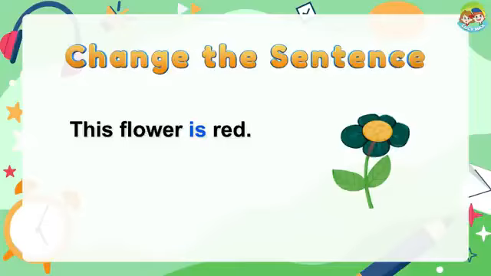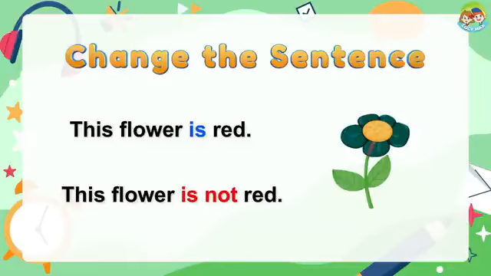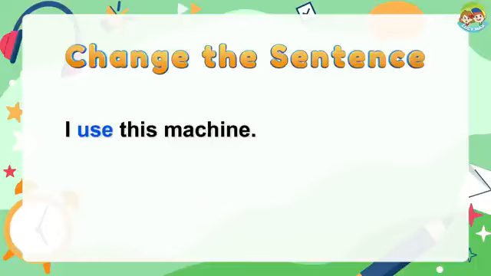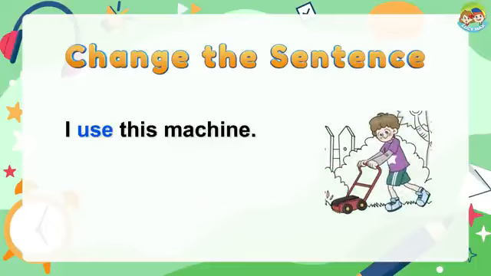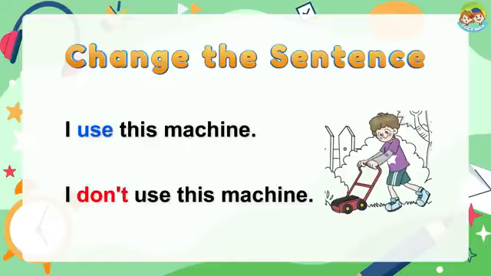Once again, put not after be verb. This flower is not red. I use this machine. We have a base verb, so we use a do verb. I don't use this machine.